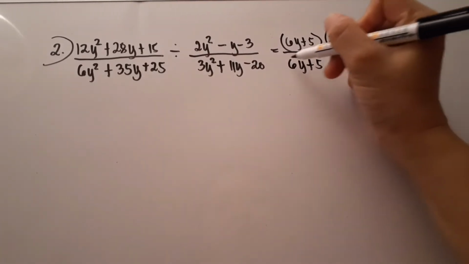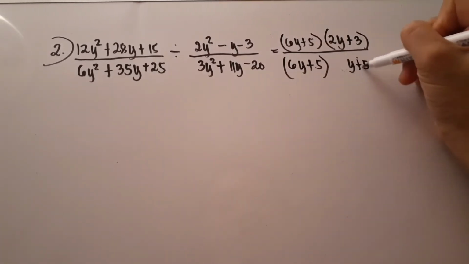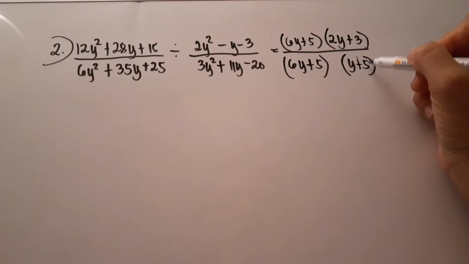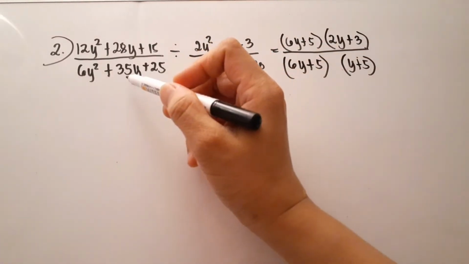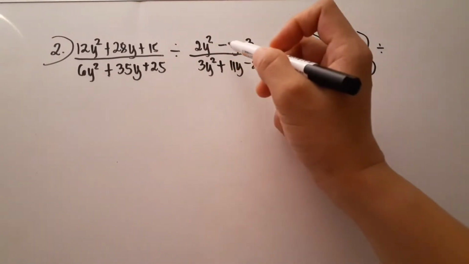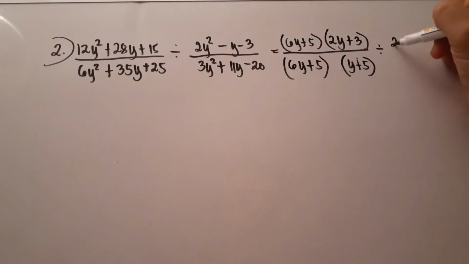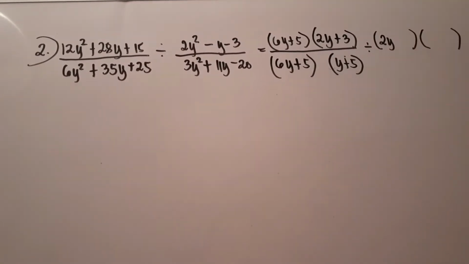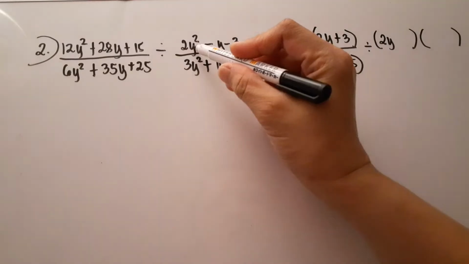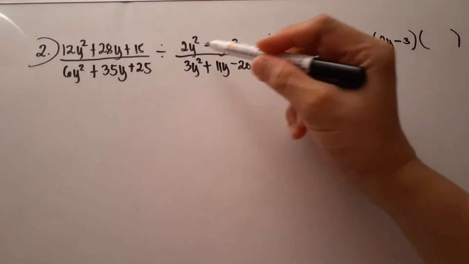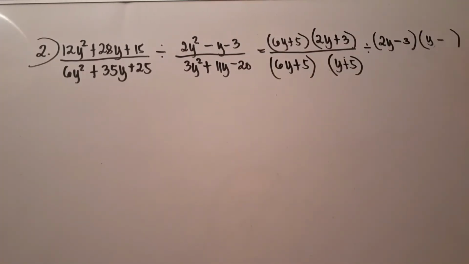Then we factor also the denominator, so we have 6y positive 5, quantity of y positive 5, and then divided by 2y squared negative y negative 3. We find the outer and inner terms, which are the coefficients of negative y, so we have 2y negative 3, then y positive 1.